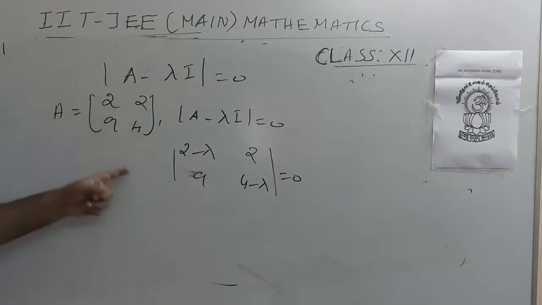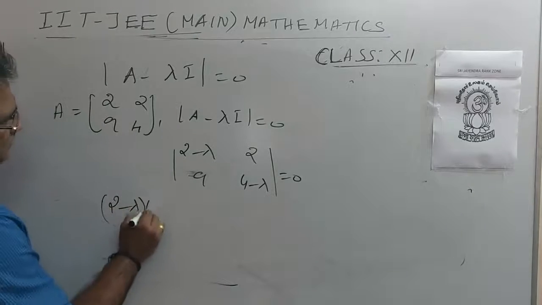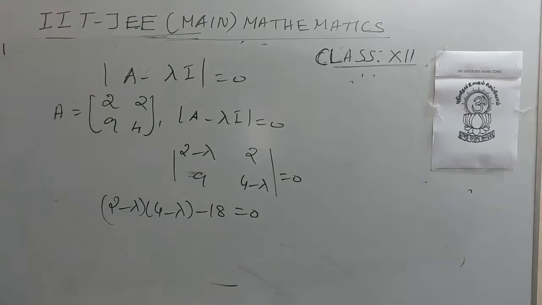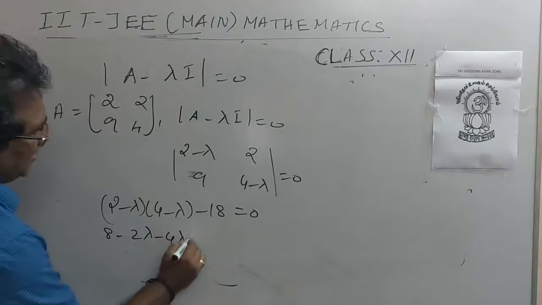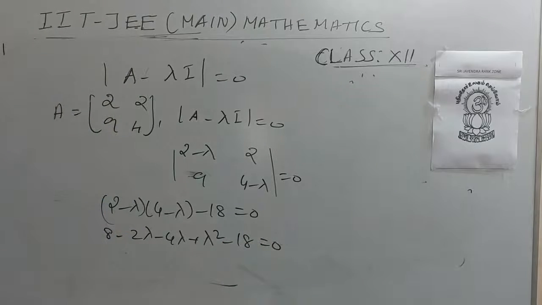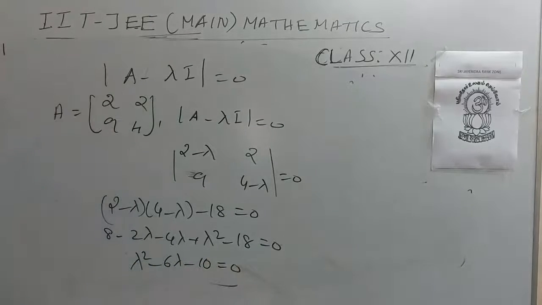Keep the second diagonal as it is, and for the first diagonal apply 2 minus lambda, 4 minus lambda. You multiply: (2 minus lambda)(4 minus lambda) minus 18 equal to 0. 8 minus 2 lambda minus 4 lambda plus lambda squared minus 18 equals 0. Lambda squared minus 6 lambda minus 10 equal to 0.